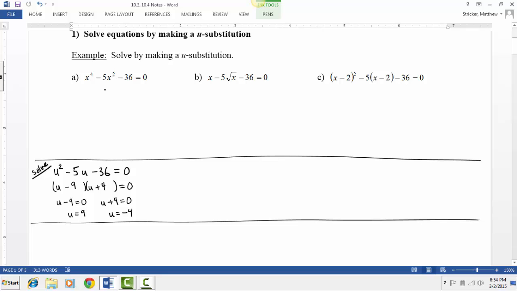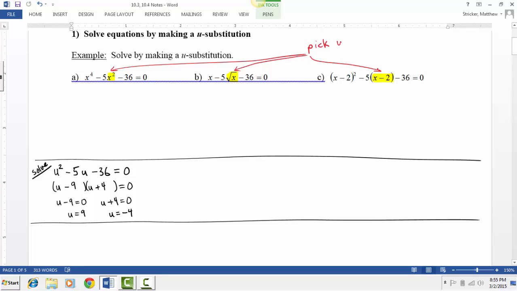So whenever we're doing u substitutions, to decide what to make u, we always use the middle term, the part that comes after the coefficient. In this case, the coefficient is 5. So we pick u by looking at the middle term.